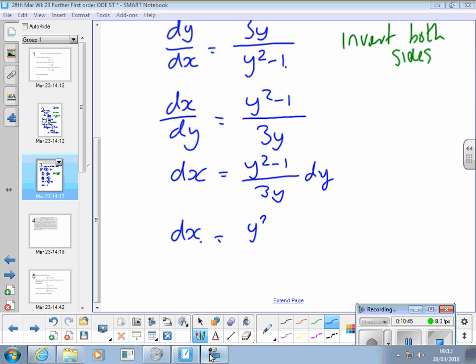Y squared, we can split that to y squared over 3y minus 1 over y.